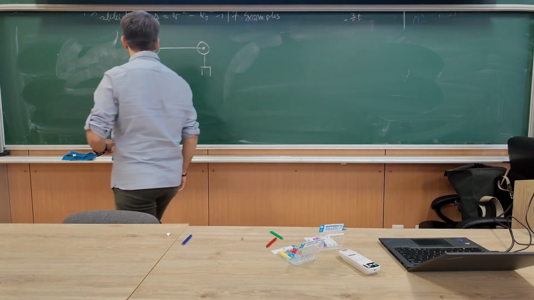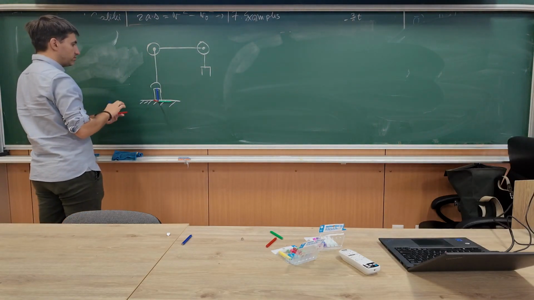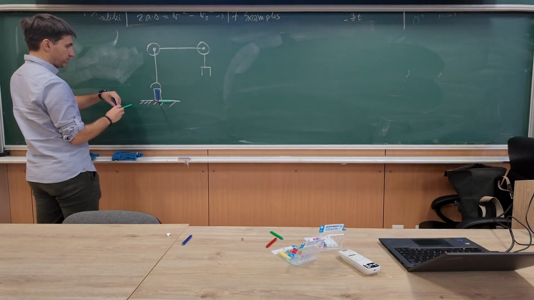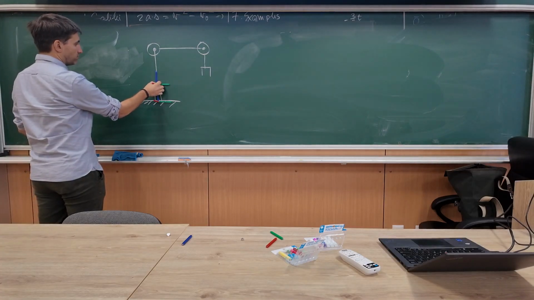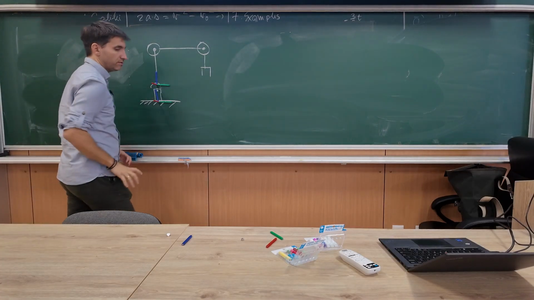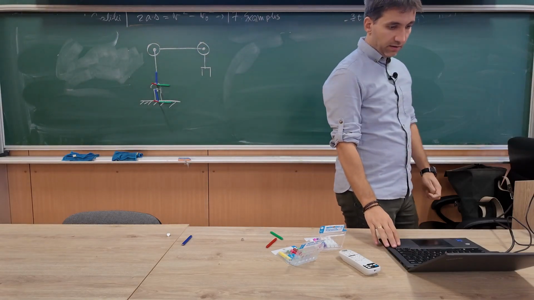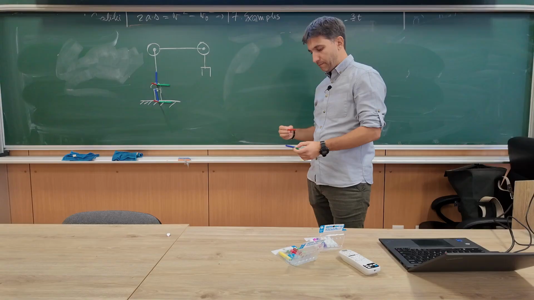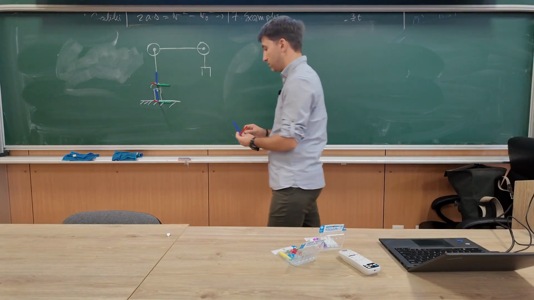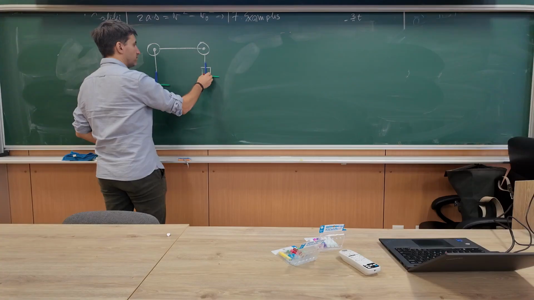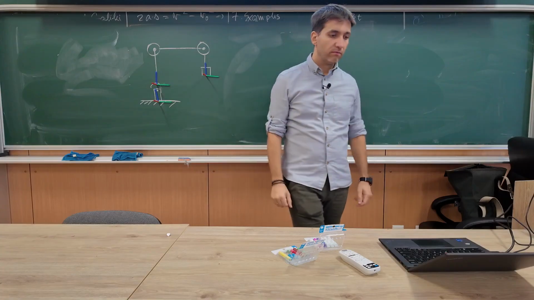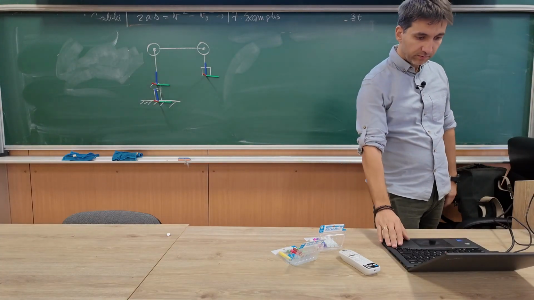So let's say I have one more here. And we also need to attach one at the end effector. So I'll do that here as well. Here I should have had two more, but you understand the logic.